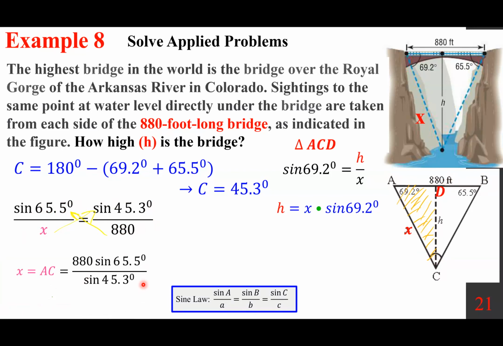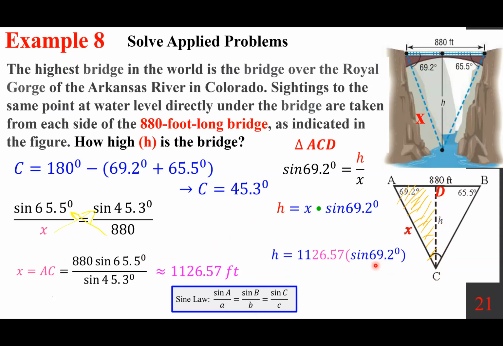As this value from the calculator, we get 1,126.57 feet. Replace the X here. Replace the X here. And that gives you the height, or CD. So replace it here, right?